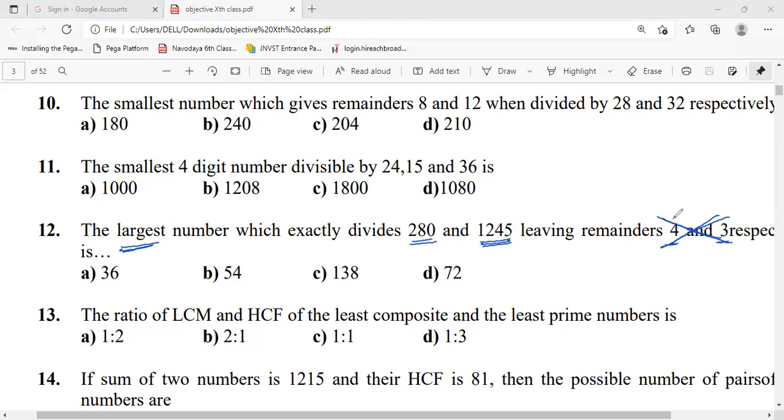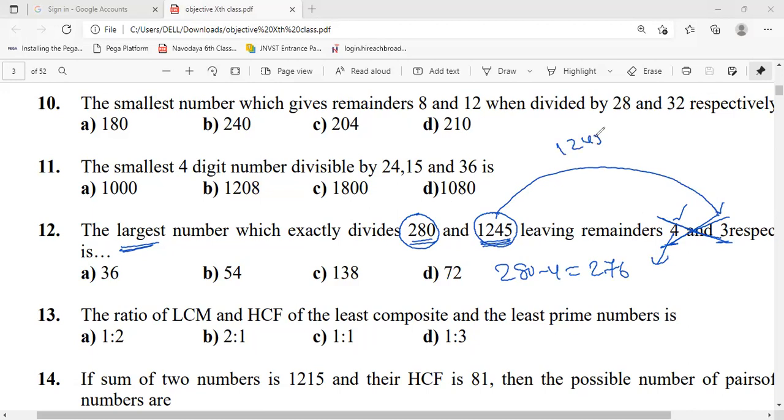But they are giving some remainders. Whenever you divide 280, the remainder is 4, that means you have to subtract that remainder. 280 minus 4, you will get 276. And whenever you divide 1245, the remainder is 3, so 1245 minus 3, you will get 1242.